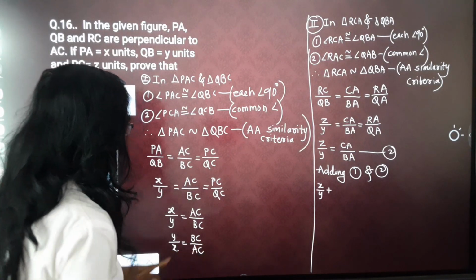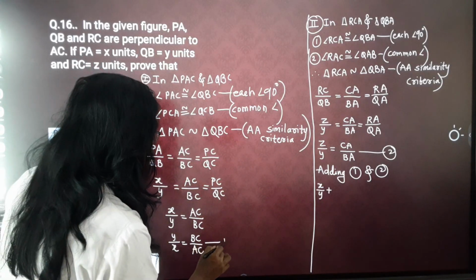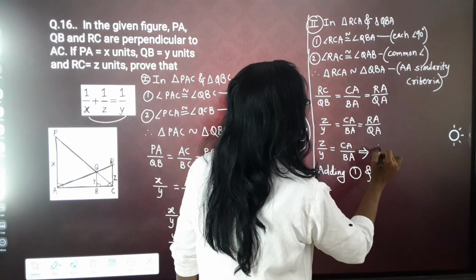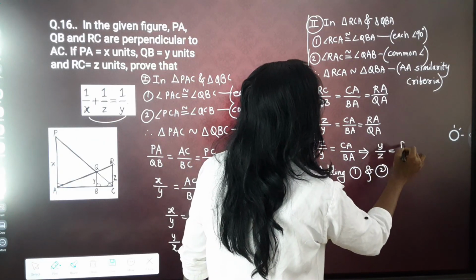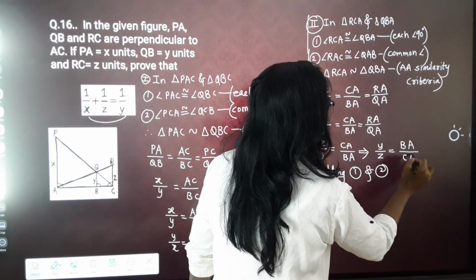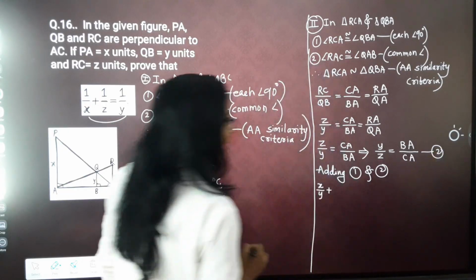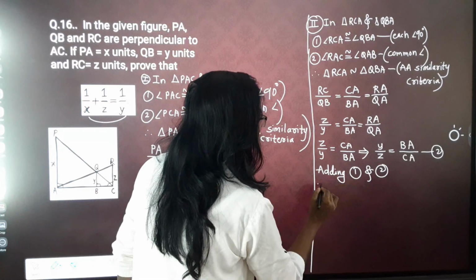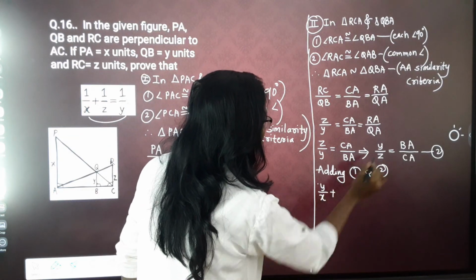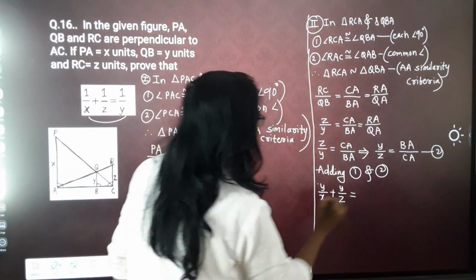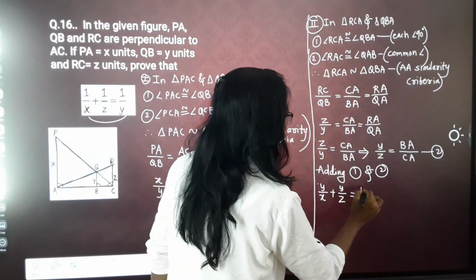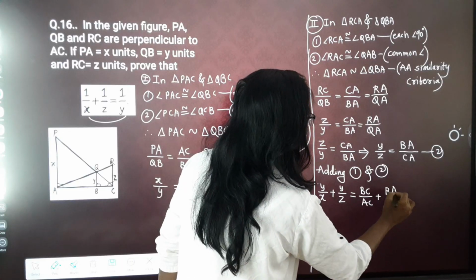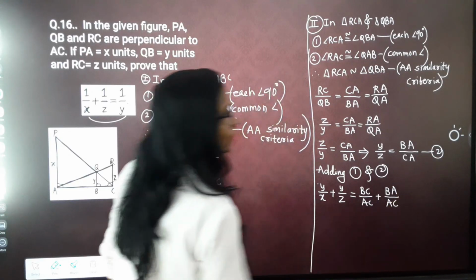And also here, at the reciprocal position we want AC, then Y upon Z is equal to BA upon CA. Okay, so adding 1 and 2, Y upon X plus Y upon Z is equal to BC upon AC plus BA upon CA. CA means AC, so I write here AC.